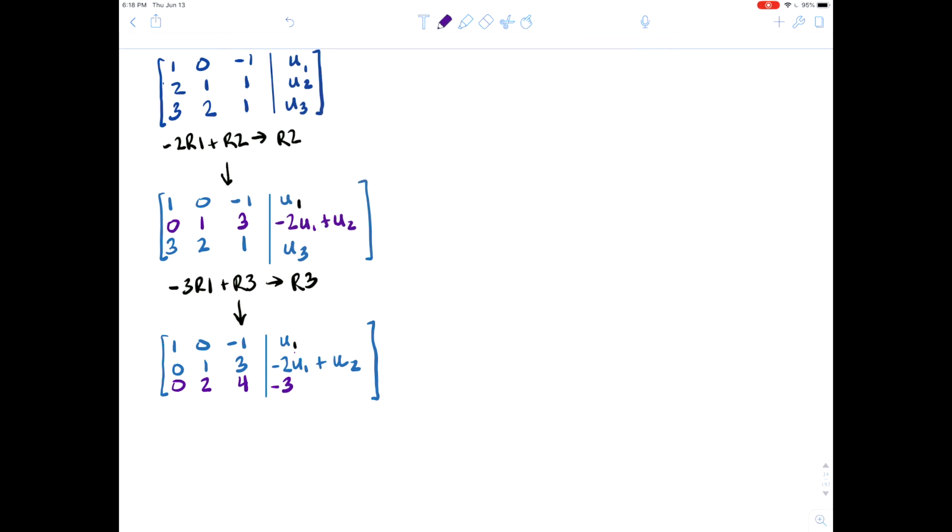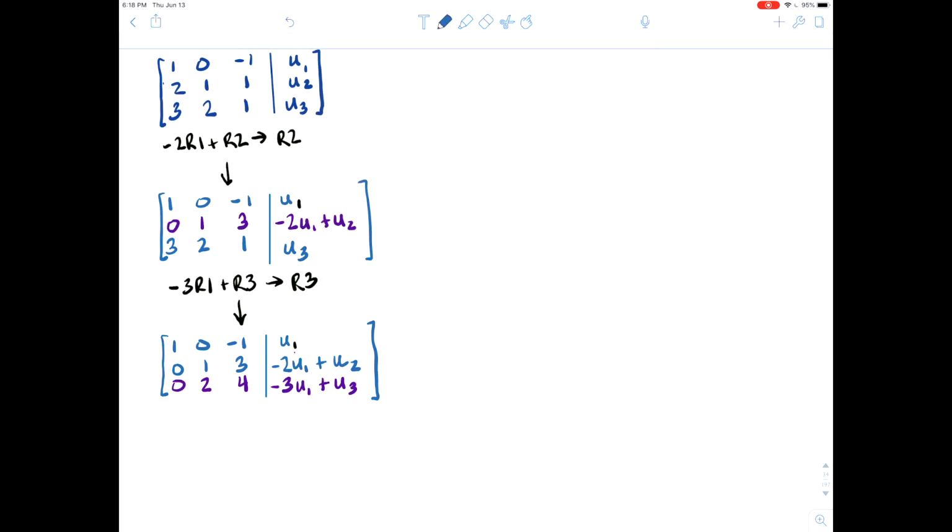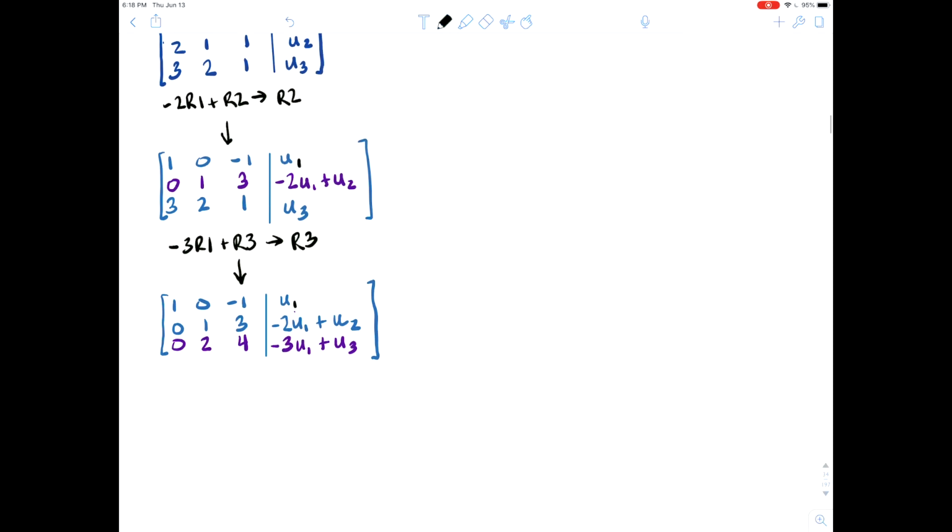Alrighty, so then we'll get negative 3U1 plus U3 for the last part of our new row. And what next? What should we do next? Beautiful. We need to get rid of the 2 that's in the third row, second column. So if I say negative 2 row 2 plus row 3 for a new row 3, let's see what we have.